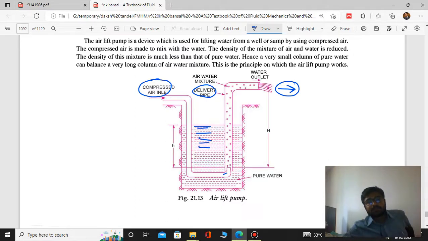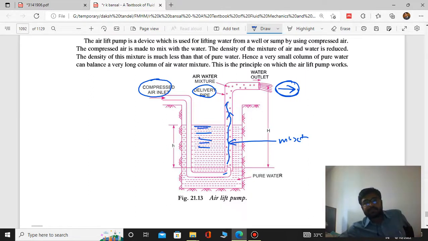Now because here air gets mixed with the water, what will happen with density of mixture? Here we have mixture, so what will happen with density of this mixture? Density decreases. So because of that our mixture will come up, go to the upper side, and then after it will come out from here.